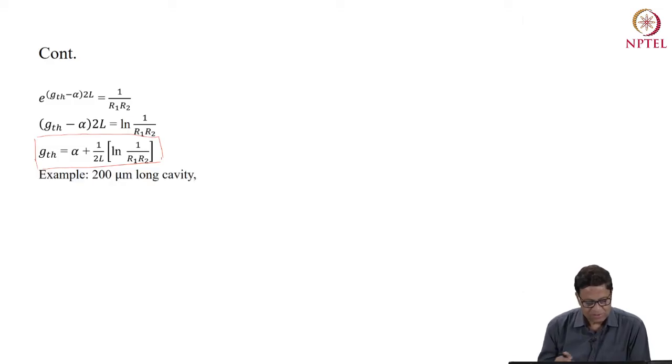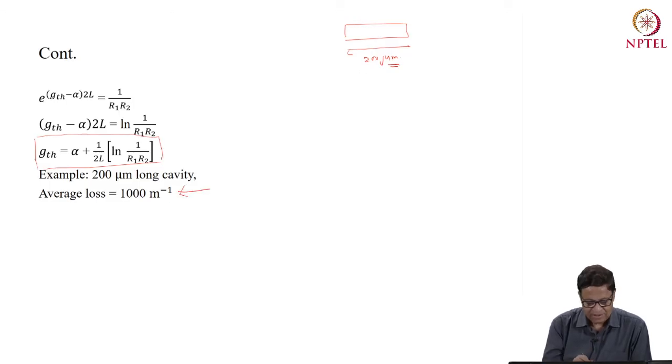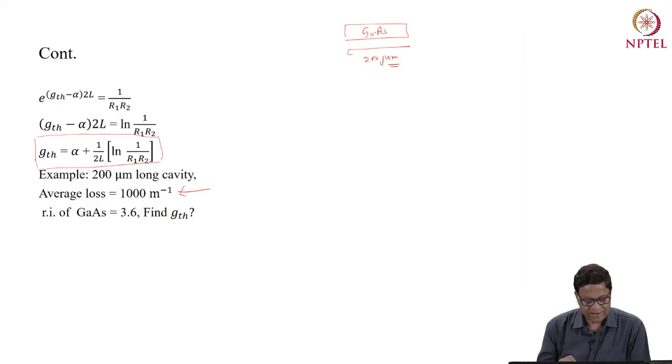So let us try to find out some typical value of g_th. Suppose I have a laser cavity whose length is, say, 200 micrometers, and the average loss, that is alpha, is given by 1000 per meter. This is per unit distance. The material of this laser cavity is gallium arsenide, and the refractive index is about 3.6. Then we need to find out what is the g_th required for sustained oscillation.